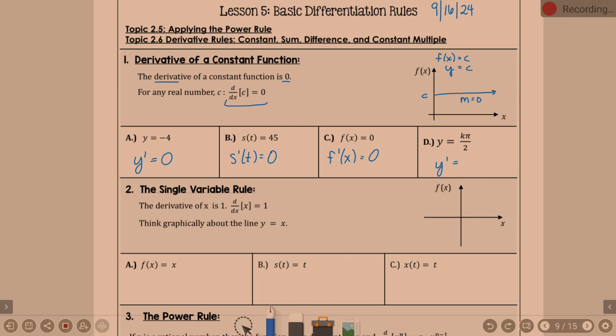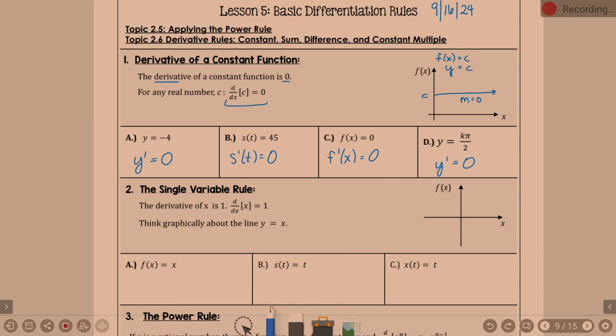Pi is a number. 2 is a number. So k pi over 2 is a constant. So the derivative of k pi over 2 is 0. Be aware, this is all derivative with respect to x. When they throw in things like k, k is often a constant. C is often a constant. I'm not going to say always, but they represent constants.